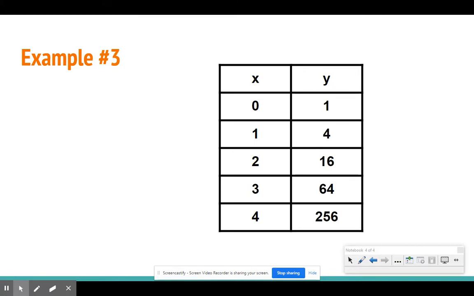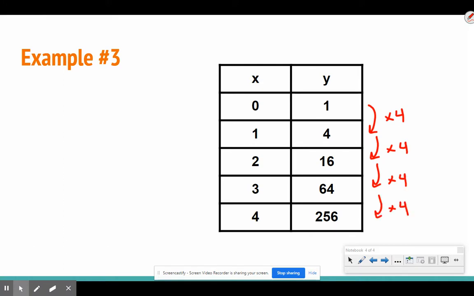Example 3. Again, very similar to the last two, but I just want to make sure that we're all on the same page. So if you feel like you understood the first two, pause the video, try and write the equation yourself, and then check it with mine. First thing, I notice I'm multiplying by 4 all the way down.